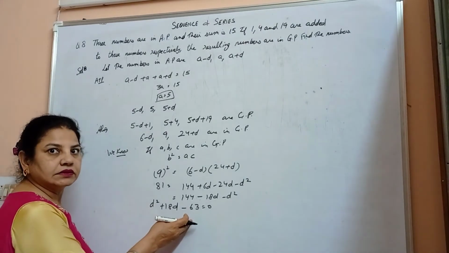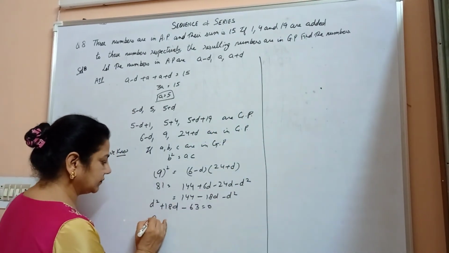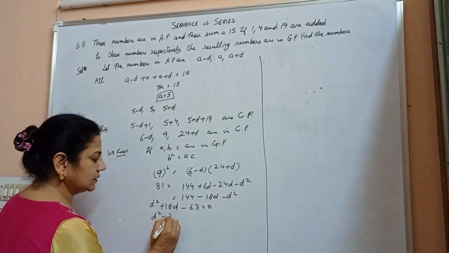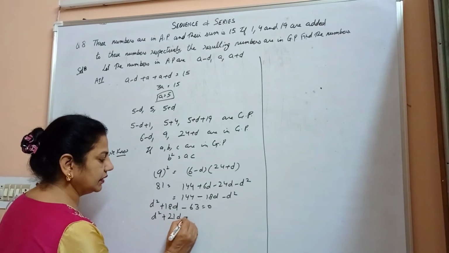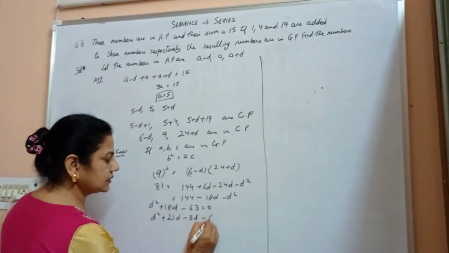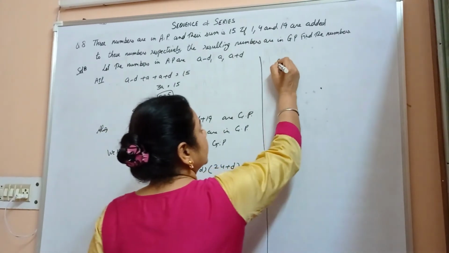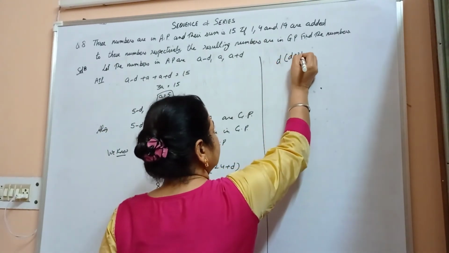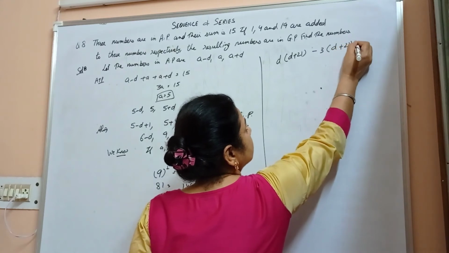Make the factors. Factors will be D square minus 21D plus 21D minus 3D minus 63 is equal to 0. Then make the factors. So here we get D plus 21 minus 3D plus 21 is equal to 0.